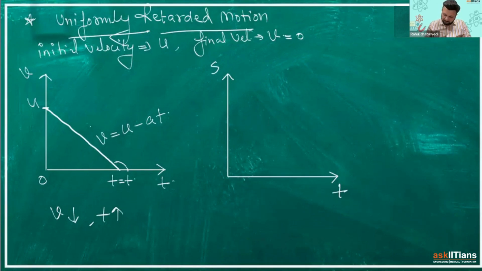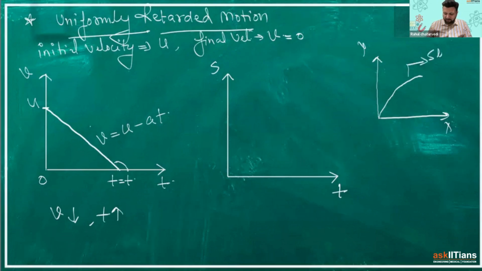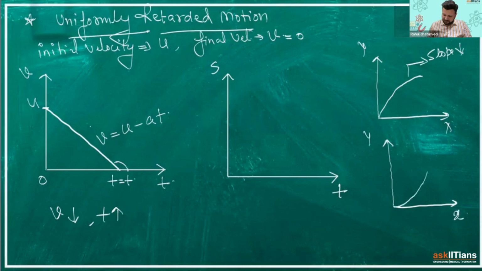So remember one thing, for any graph, if the tendency of the graph is to become horizontal or parallel to horizontal, in that case you can say its slope is decreasing. But if the tendency of the graph is to become perpendicular like this, its slope is increasing, right?